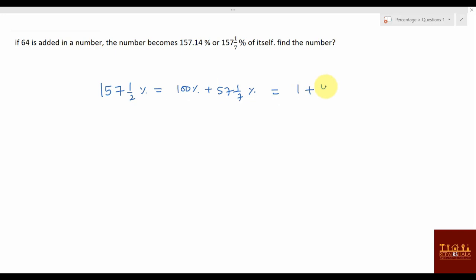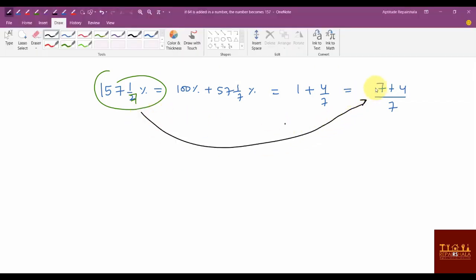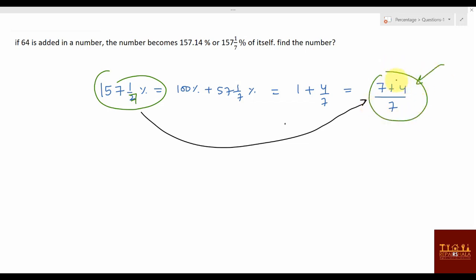That value will be 1 plus 4 by 7, or can you write this number as 7 plus 4 divided by 7? This one will become result and this one will become base. What they are telling is, if 64 is added in a number, what you can take as a number? The number you can take as 7 only. This will be your number, base.